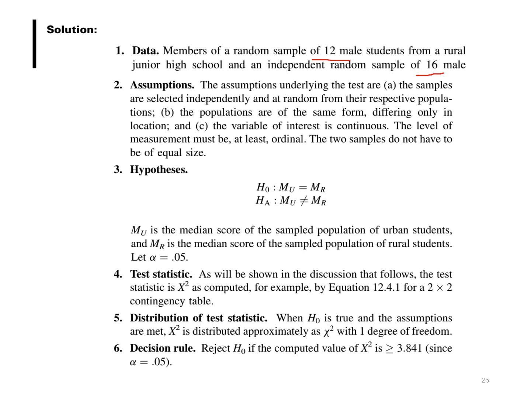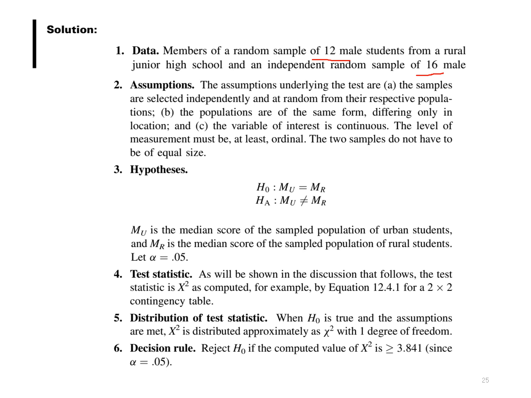So the assumption is here: the samples are independent random samples. The second assumption is that the populations are of the same form, differing only in location. They didn't specify any population distribution, just the location, whether higher or lower, where the population moves this way or that way. We don't care about the form of the distribution.